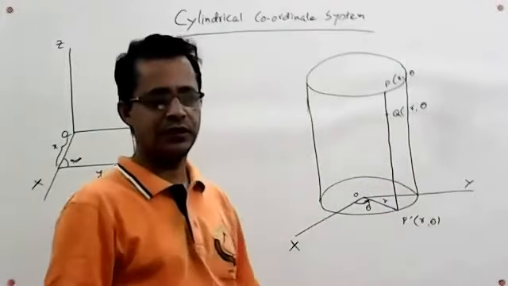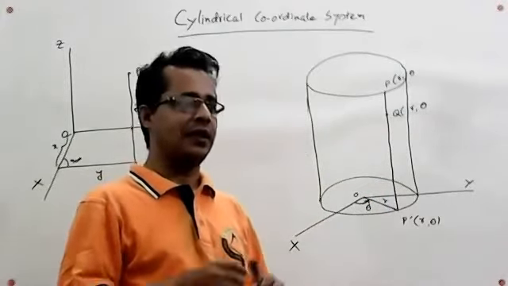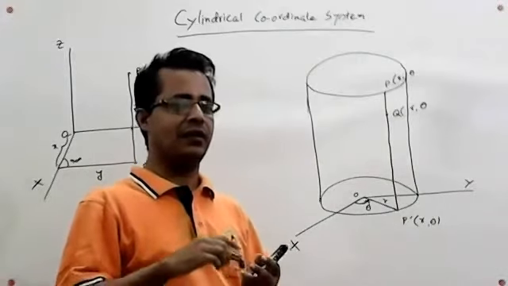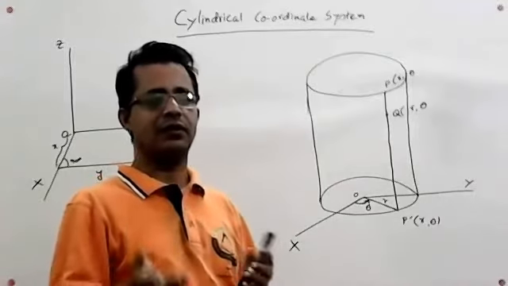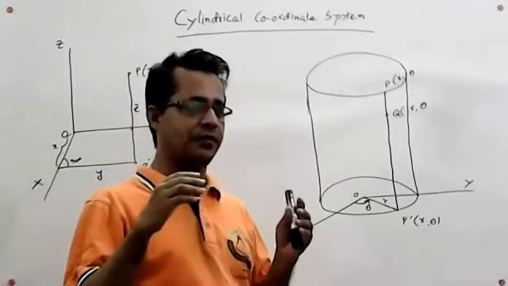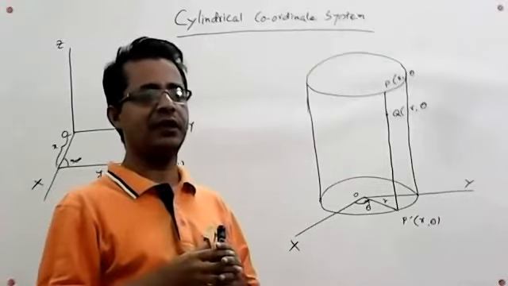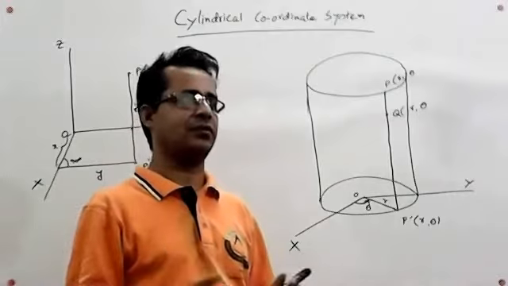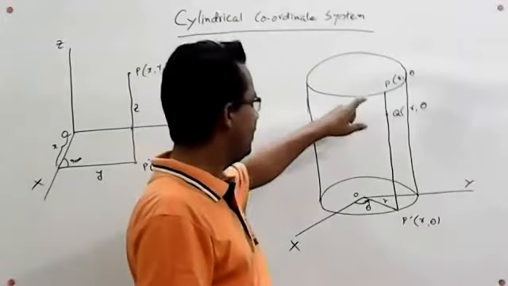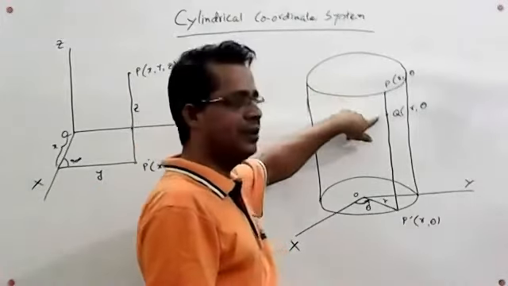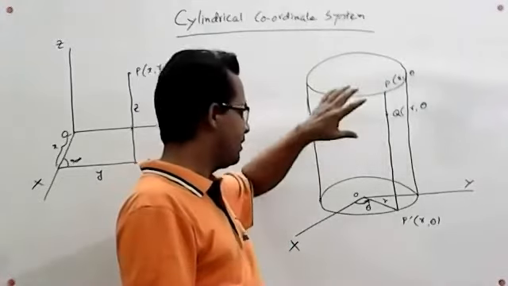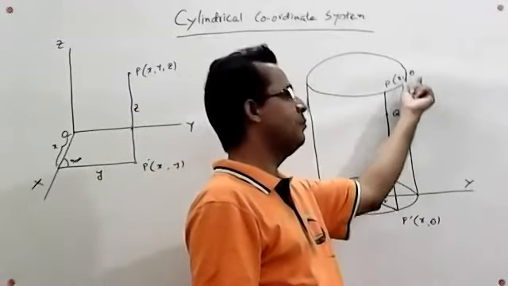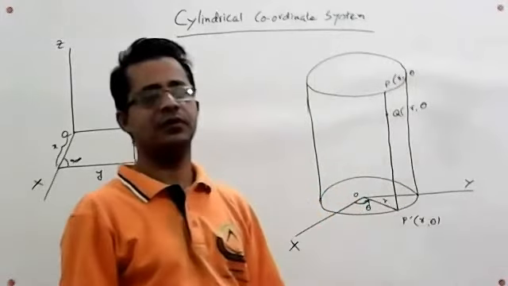But we know that in every space, single, two-dimension or three-dimension, every two different points should have a different identity or different location. But here we see that P and Q are situated at different positions in space, but their coordinates will be the same, which is not possible.